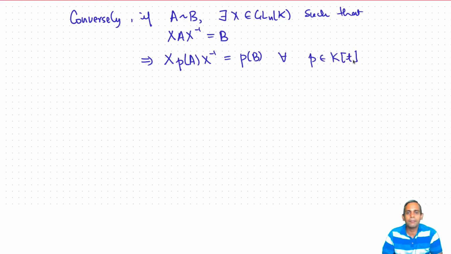I'll let you think about why this is true, but basically you have to expand this P(A) in terms of powers of A, and each power will also get conjugated. So the point is that X A^n X inverse is equal to B^n if X A X inverse is equal to B. So you have to use this.